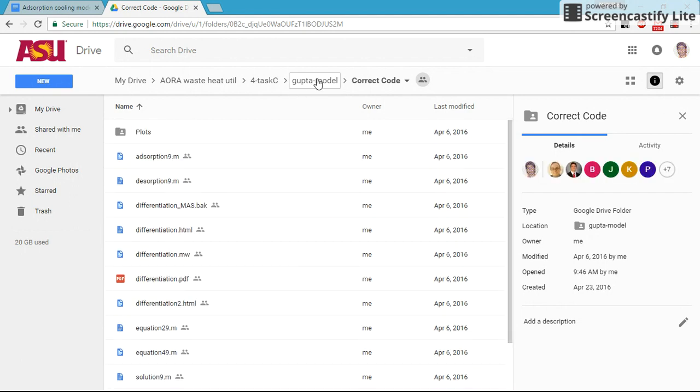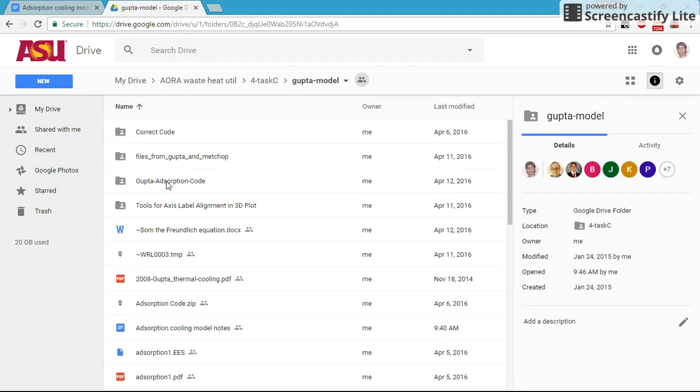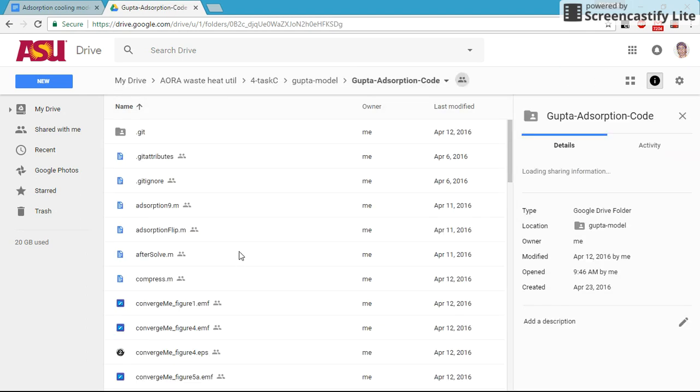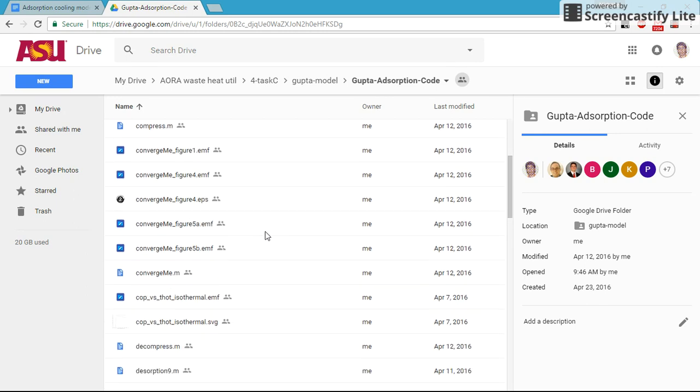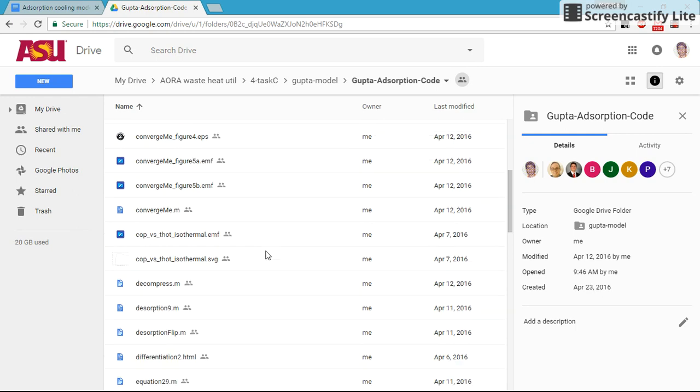So that's the raw code. And then this folder is where I've taken it and updated it to what I believe is more readable code and possibly more correctly following the equations in his dissertation.